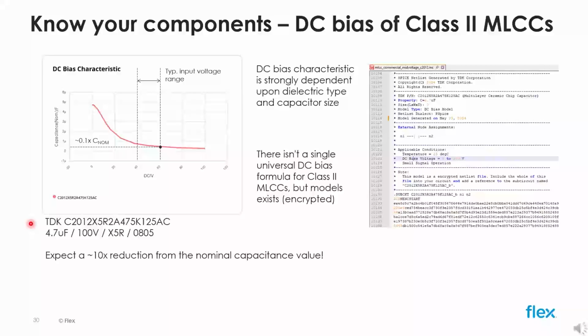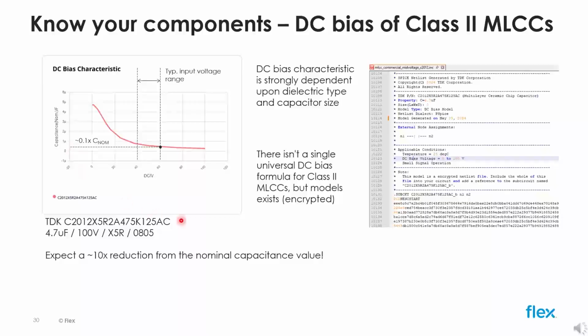The so-called DC bias voltage dependence is highly undesirable, and the graph for a TDK 4.7 microfarad 100 volts X5R part in a 0805 SMD package shows the effect. The nominal capacitance is only available with zero DC voltage applied, while in the typical input voltage range of a 48 volt DC to DC converter, from 40 volts to 60 volts DC, only 1/10 of the nominal capacitance is available.